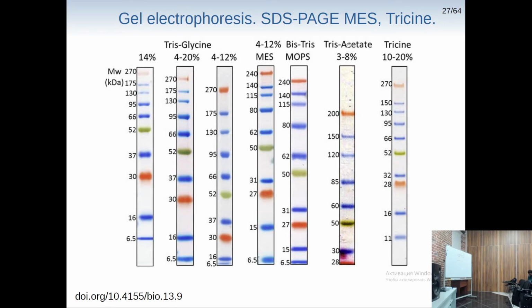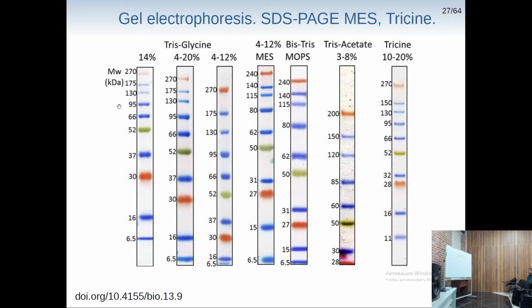As you can see, they will provide you with almost the same result, but resolution in different protein sizes will be different. So if you want just to see what's inside your samples or make some quality control on a gel, it's not a problem. You can get a 14% gel, for instance, and get some results.